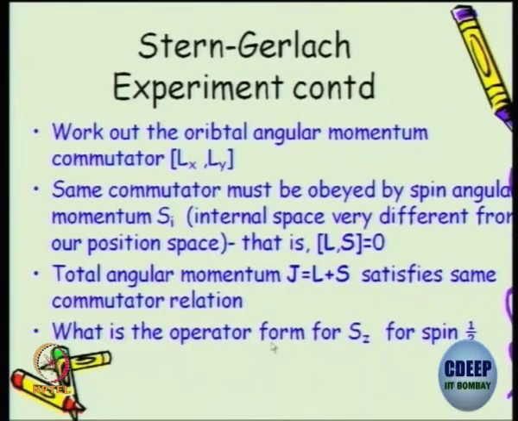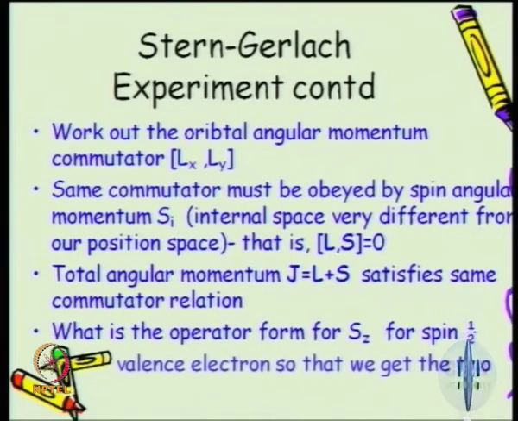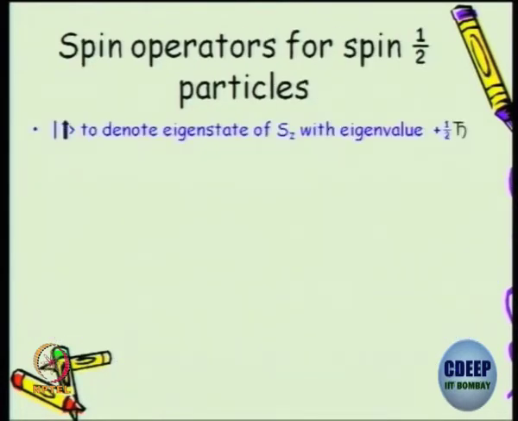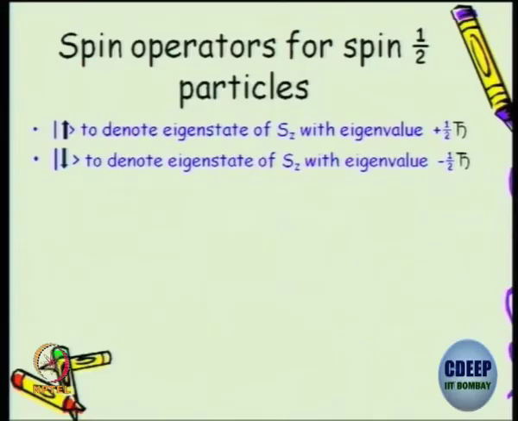So, what is the operator form for Sz for spin half is the question. Just look at only the valence electron, where we get two states with eigenvalues Sz equal to plus half h cross and Sz equal to minus half h cross. We denote symbolically as an up spin the eigenstate of Sz with eigenvalue plus half h cross, and similarly down to denote the eigenstate with eigenvalue minus half h cross.